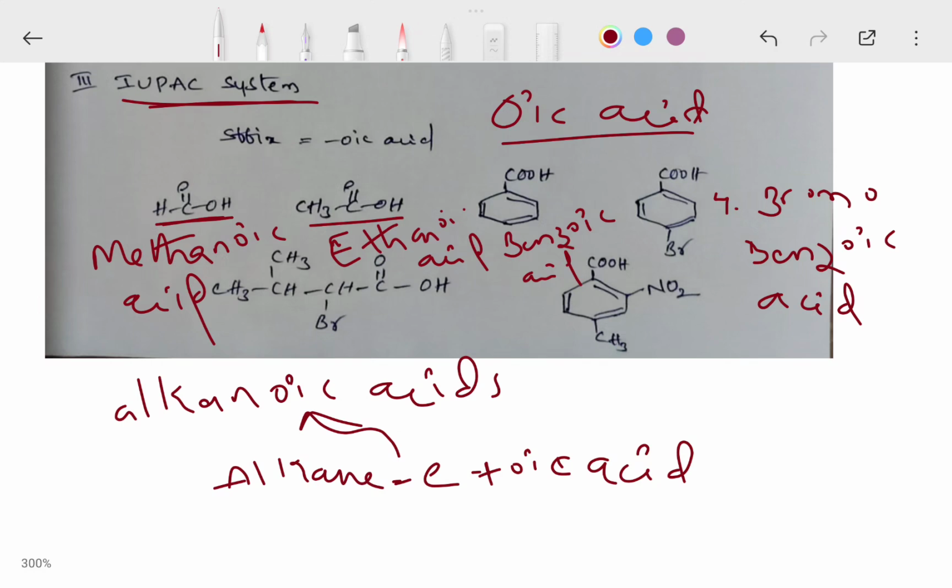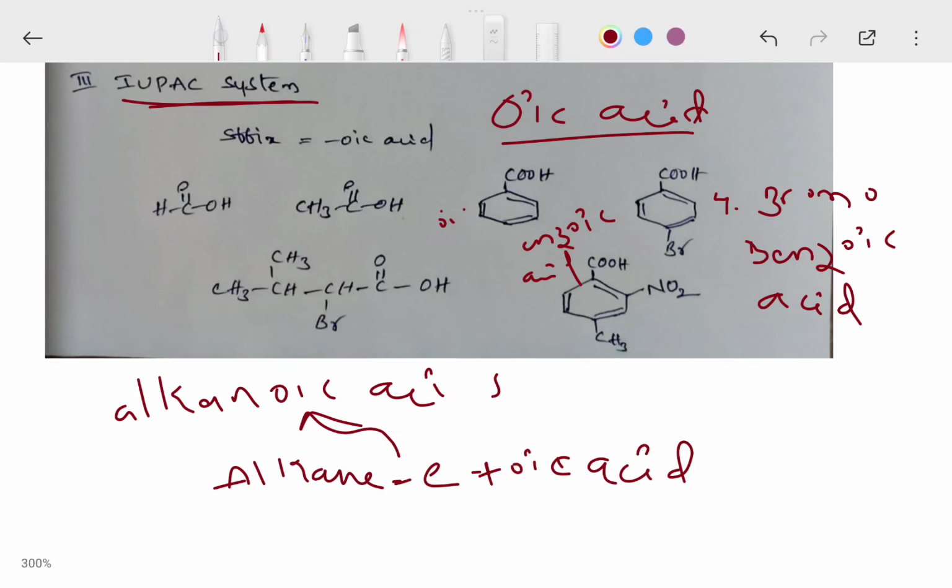If substituents are there, you can observe this example. You can give the numbering. First priority goes to the carboxylic carbon, that is 1, then second, third and fourth. There are four carbons here, the second carbon has a bromo group and the third carbon has a methyl group.